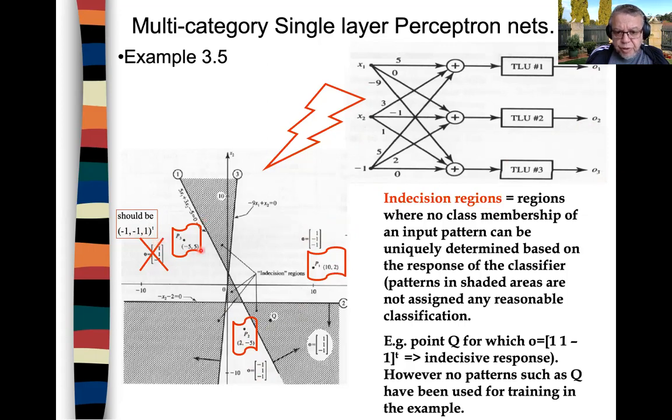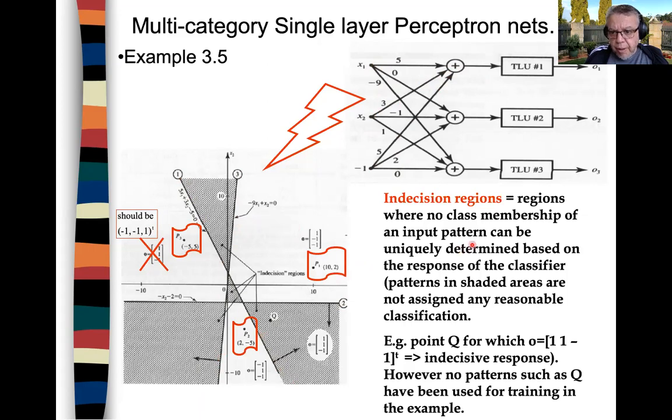After we train our network, we find that these are the final weights, meaning that 5x1 plus 3x2 minus 5 equal to 0. This would be the decision boundary in this case. And the same thing for the other decision boundaries, for this one and for this one.